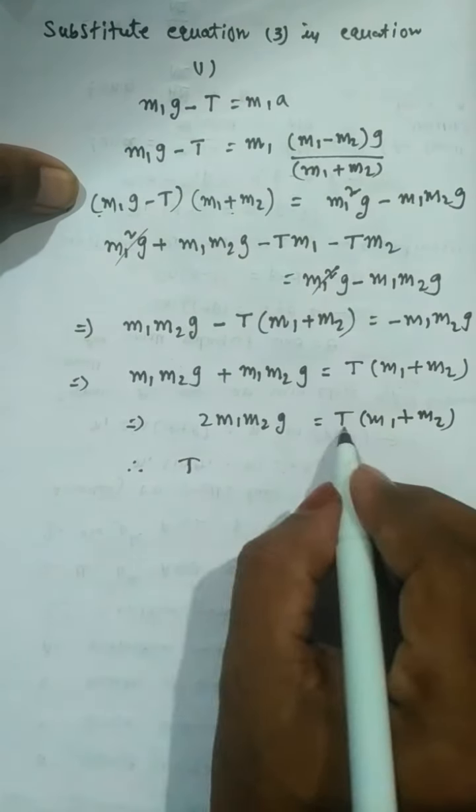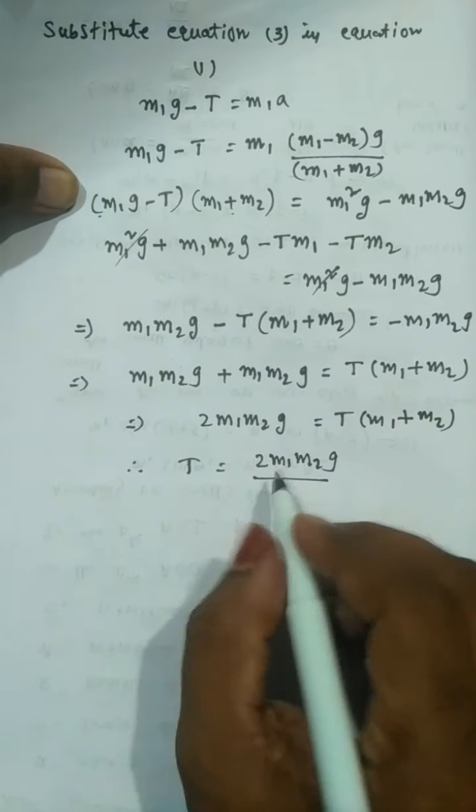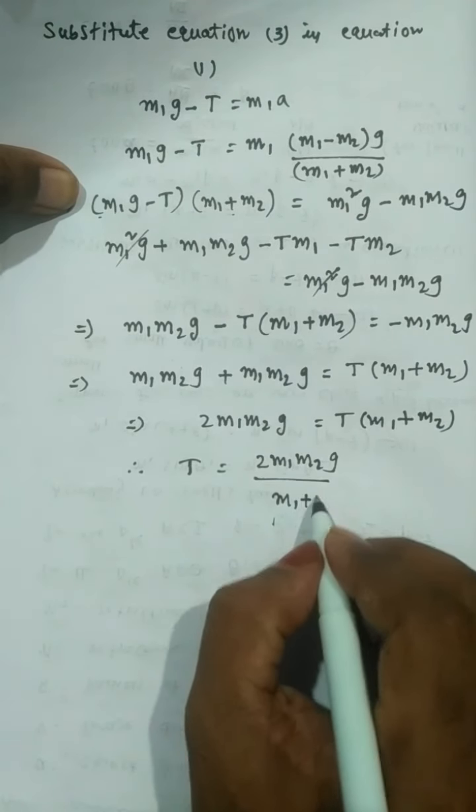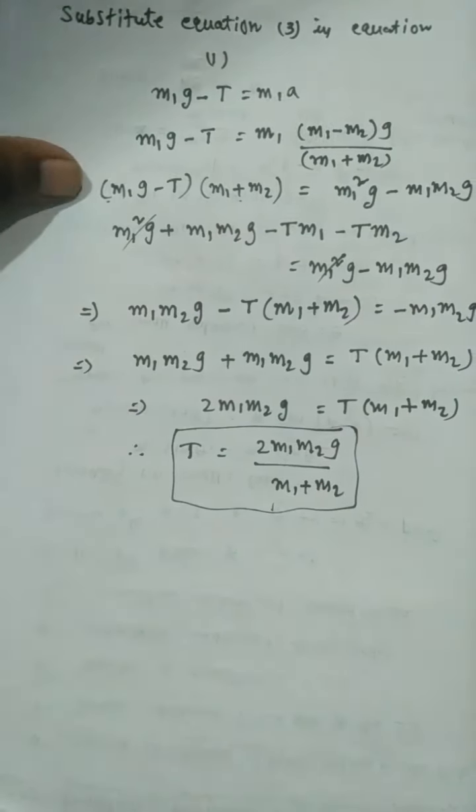Therefore, T equals 2 m1 m2 g by (m1 plus m2). This is the tension. Okay, thank you.